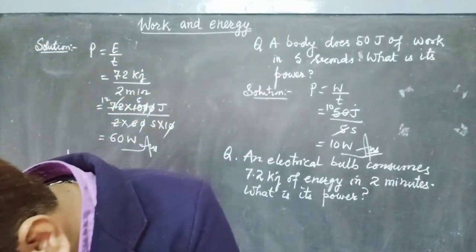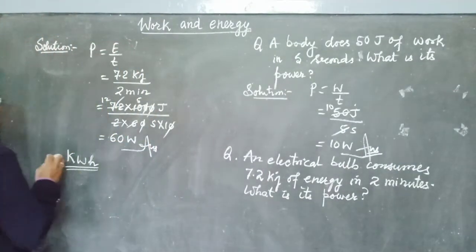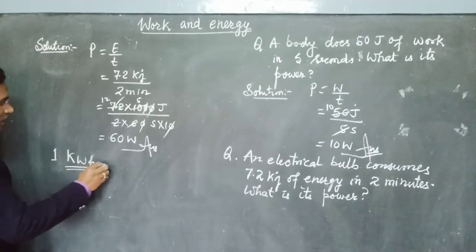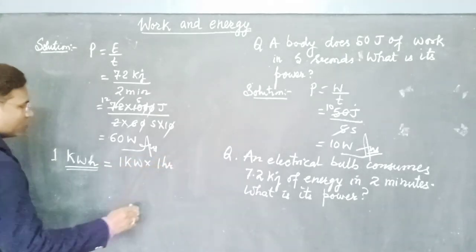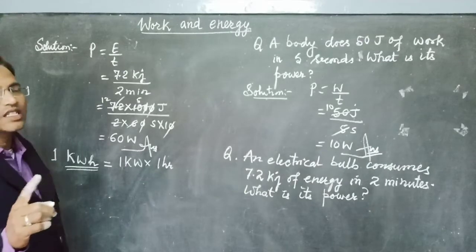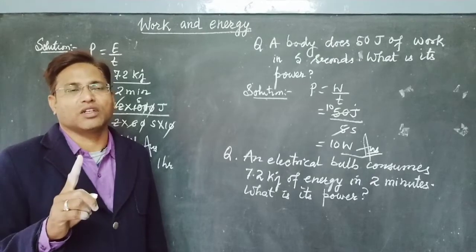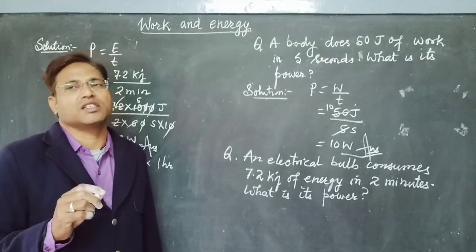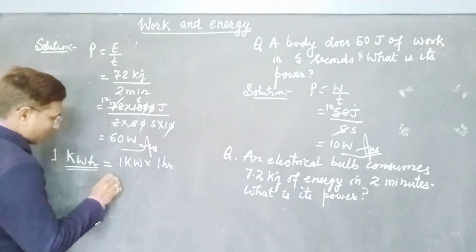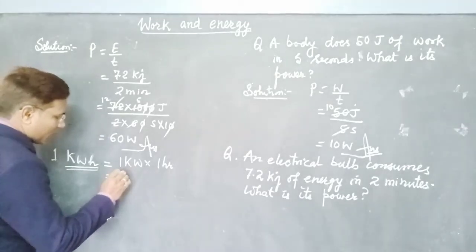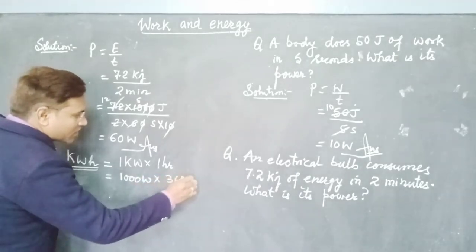Now we have a relationship between kilowatt hour and joule. What is the relation? 1 kilowatt hour is equal to 1 kilowatt into 1 hour, because when an electrical appliance consumes energy at 1 kilowatt for 1 hour, the total energy consumption will be 1 kilowatt hour. 1 kilowatt means 1000 watt, and 1 hour means 3600 seconds.